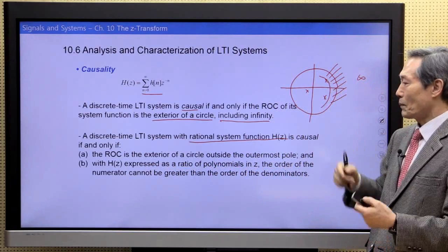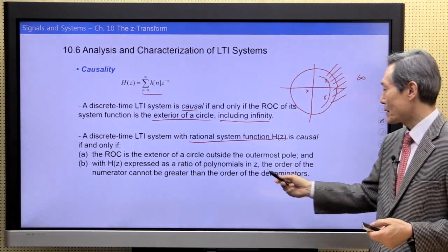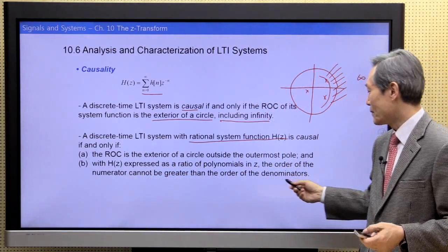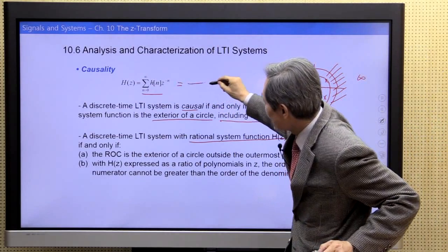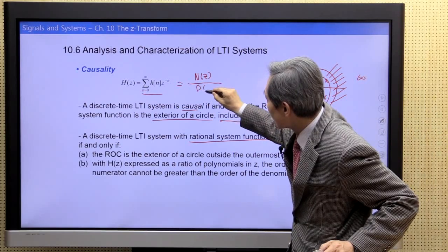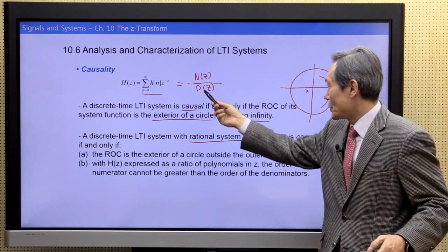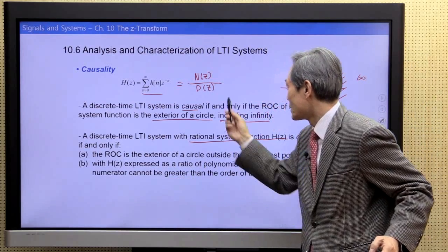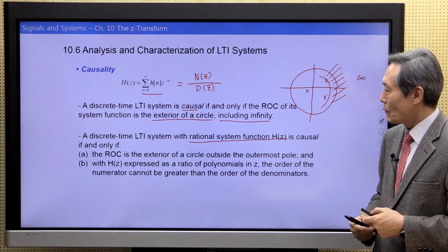And with H(z) expressed as a ratio of polynomials, N(z) and D(z), the order of the numerator cannot be greater than the order of the denominator. So that ratio, what does it mean?